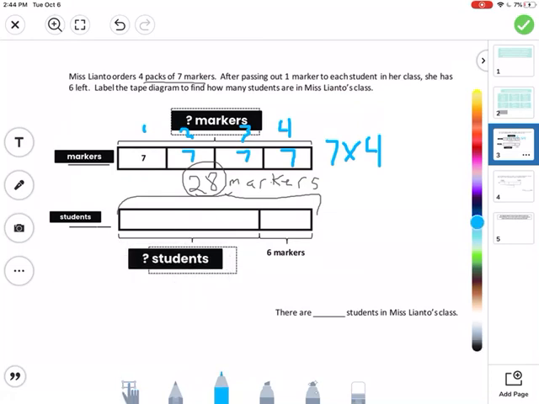Well, if she passed out 28 markers, and she has 6 left, there would be 22 students in the class.